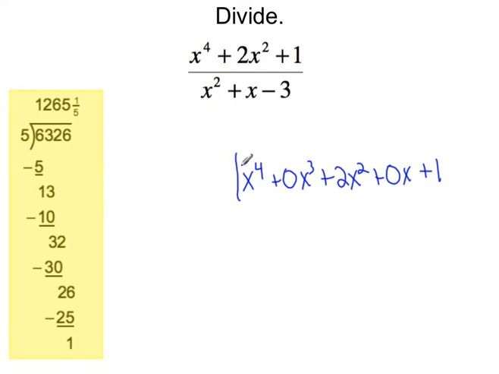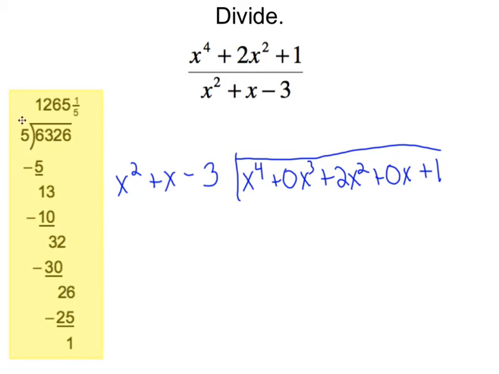This all is going to get divided by x squared plus x minus 3. Again, it's really important to leave these placeholders in for our 0 coefficients.